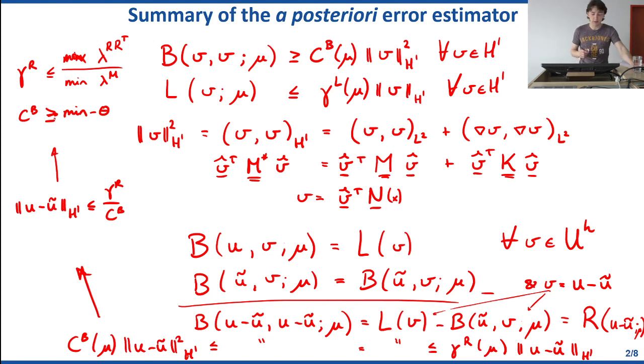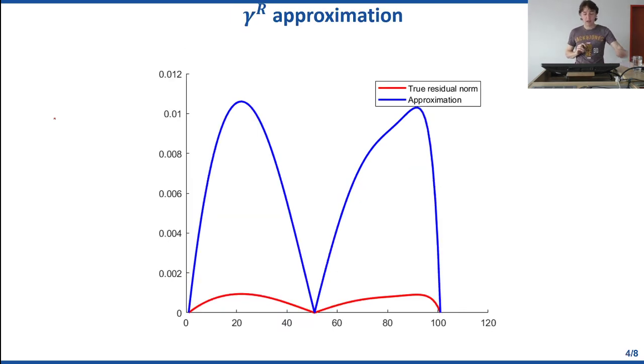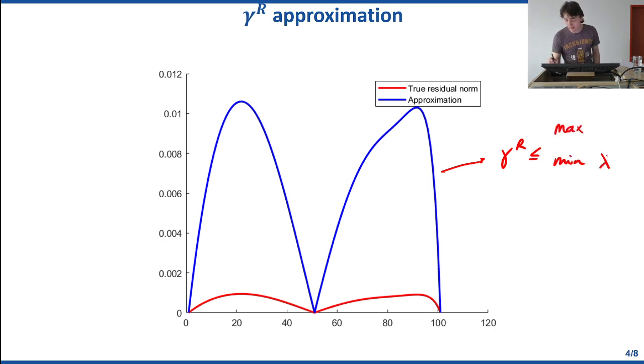Now first, to illustrate why these are actually part of the problem. Again, here we have our estimated error versus real error. And our estimate consists of this gamma R and this CB. And this is our gamma R approximation. So this is with that gamma R as an upper limit of the maximum divided by the minimum eigenvalue of the mass and the eigenvalue of this RRT matrix.